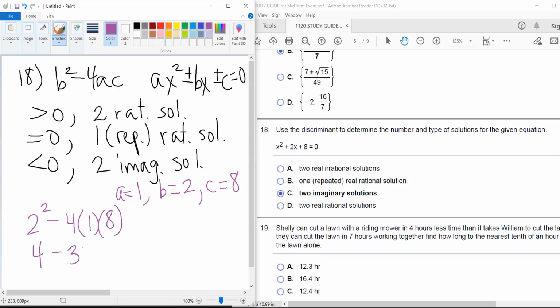And that gives us 4 minus 32, or negative 28. Now, because negative 28 is less than 0, then that means if we had to solve this quadratic equation, we would have 2 imaginary solutions.